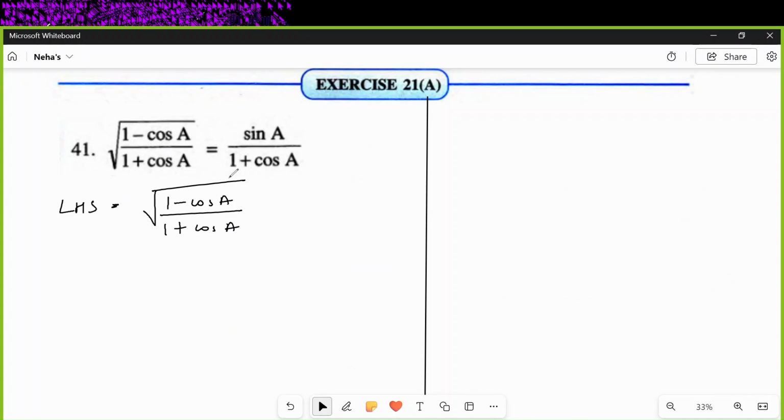So the left hand side of question number 41 is square root of (1 minus cos A) divided by (1 plus cos A). Here we will multiply both the numerator and denominator by 1 plus cos A, because we need 1 plus cos A in the denominator.